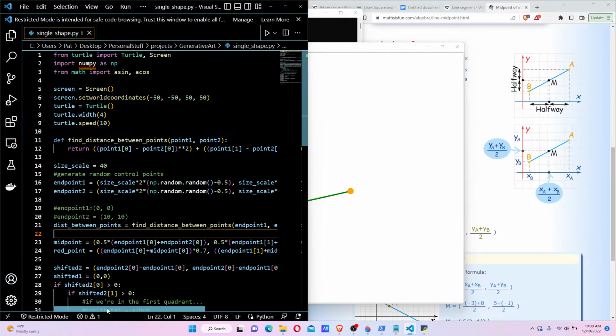So first I guess I could do endpoint 1 of 0 minus the midpoint, times 0.7.